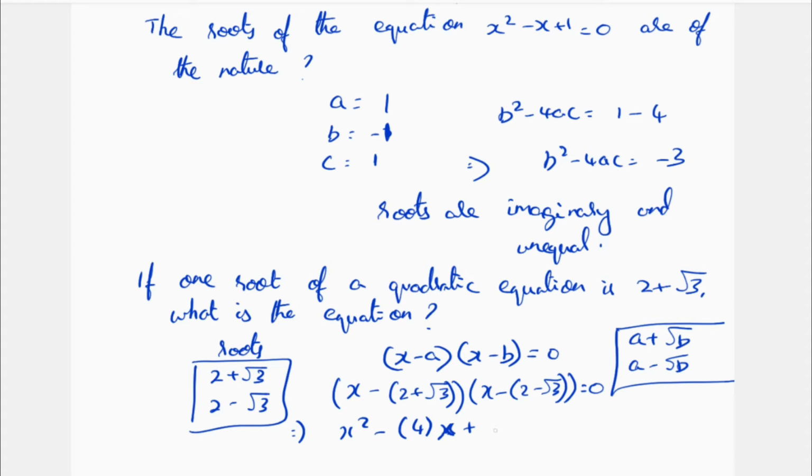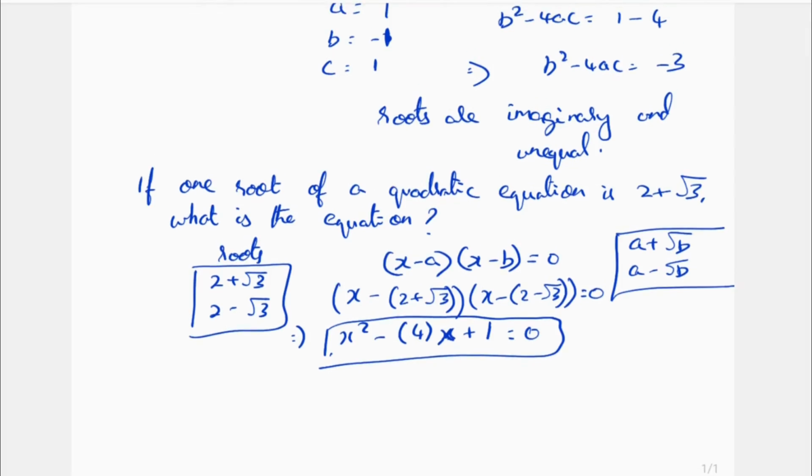So 2 square is 4 minus root 3 whole square is 3, will give me 1, equal to 0. My answer is x square minus 4x plus 1 equal to 0. This is my answer. I hope this is clear. Now moving to the next question.